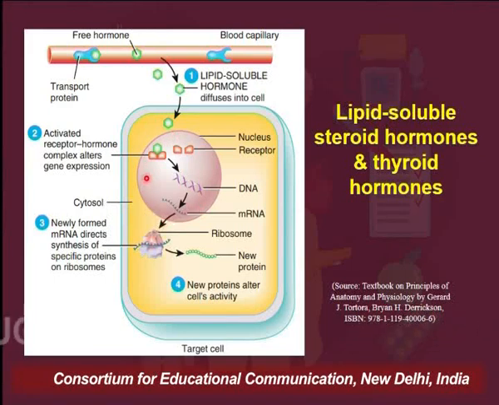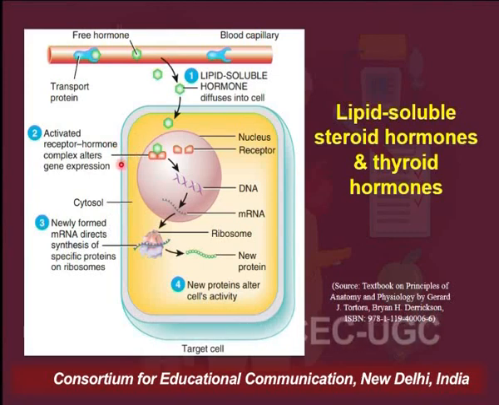For example, in this figure, these are the nuclear receptors which are shown here as monomers. As soon as the hormone comes and binds to the receptor, the dimerization of the receptor takes place. So now this is basically an activated receptor hormone complex.